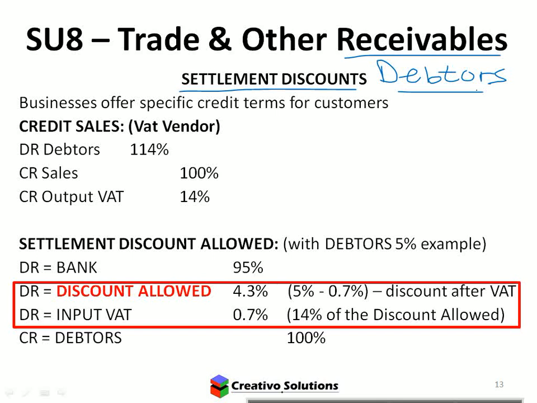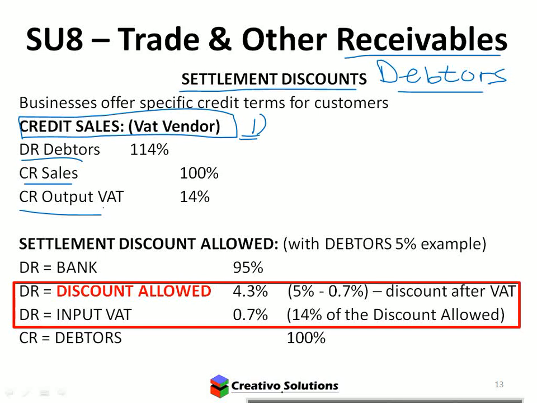So now if I go back to the initial transaction, transaction number 1 would have been selling something to a customer on credit. What would you have done? You would have debited the debtors, you would have credited the sales. That's what we did in week 1. Now we need to bring the VAT into it. Now I can show you this because you understand what VAT is and when it arises.